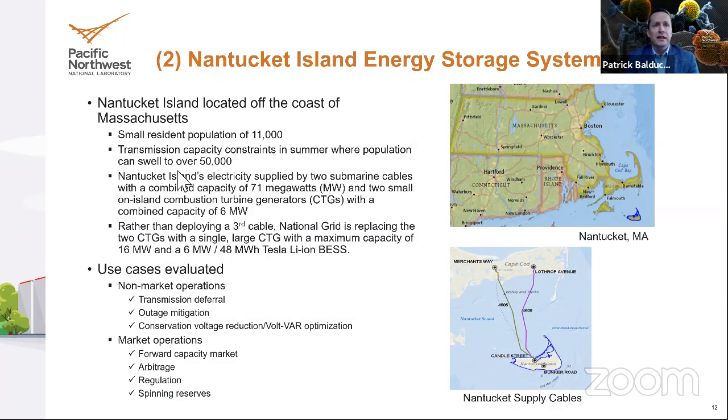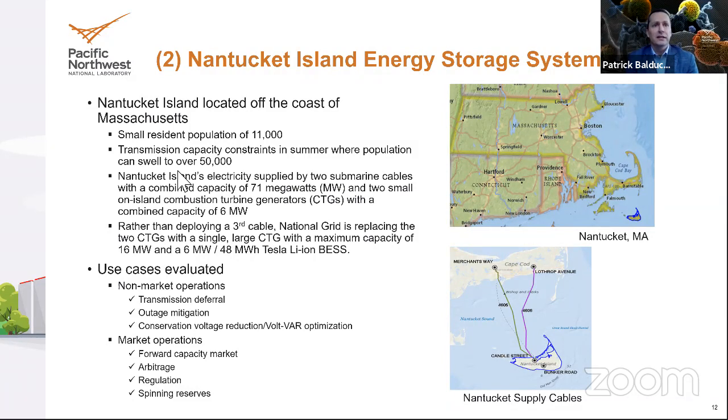Nantucket Island is located approximately 30 miles off mainland Massachusetts, with a small resident population of 11,000 households throughout the year. But the capacity constraints exist in the summer when the population swells to over 50,000.